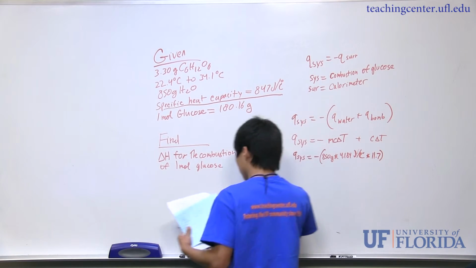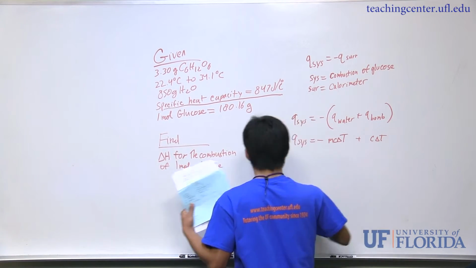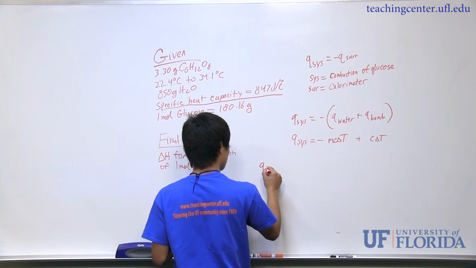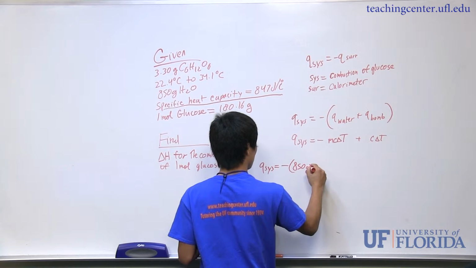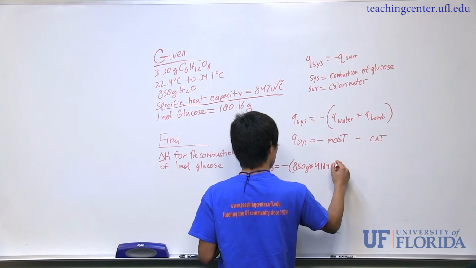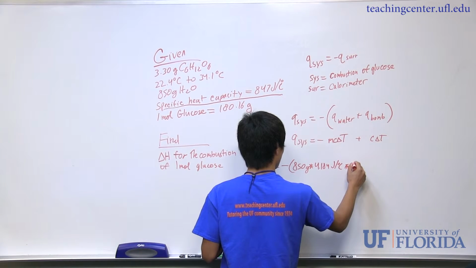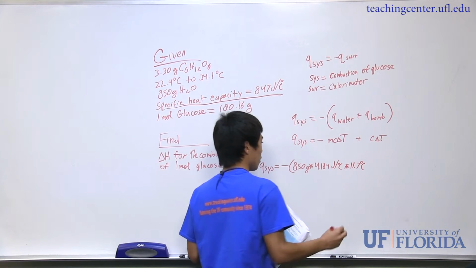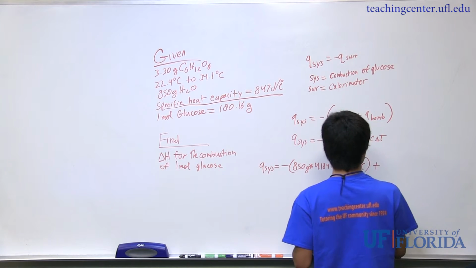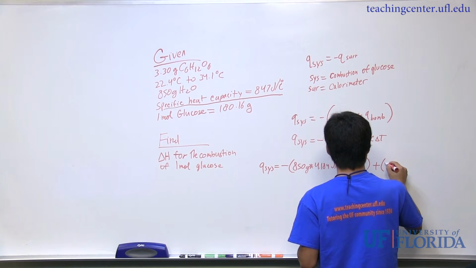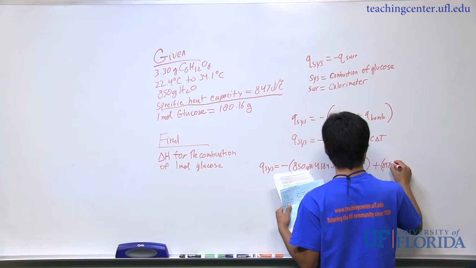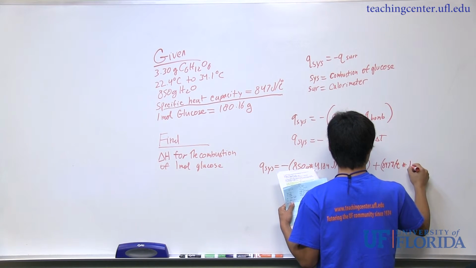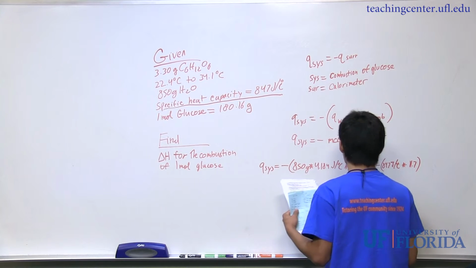And as a matter of fact, I'm going to move a little bit over to the left so you all can see. So Q system is going to equal negative 850 grams times 4.184 times 11.7 degrees Celsius. And then we would add the Q bomb, which is going to be 847 joules per degree Celsius for this calorimeter, times the change in temperature, which is 11.7.